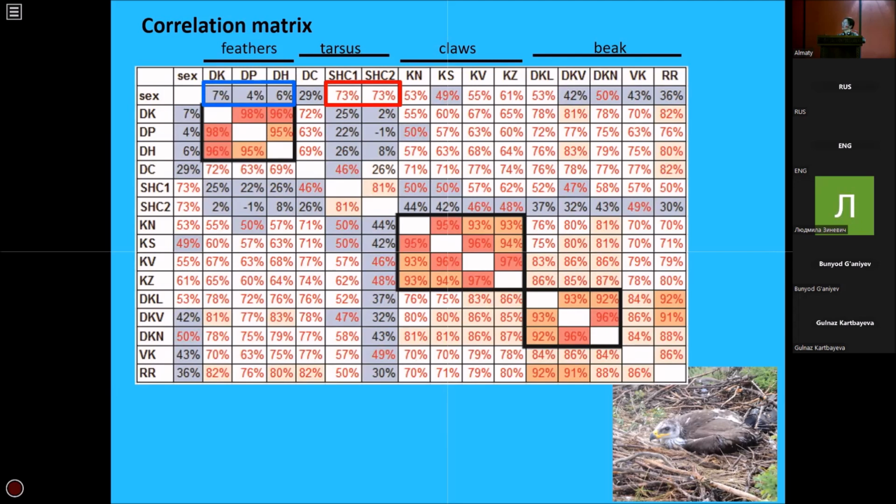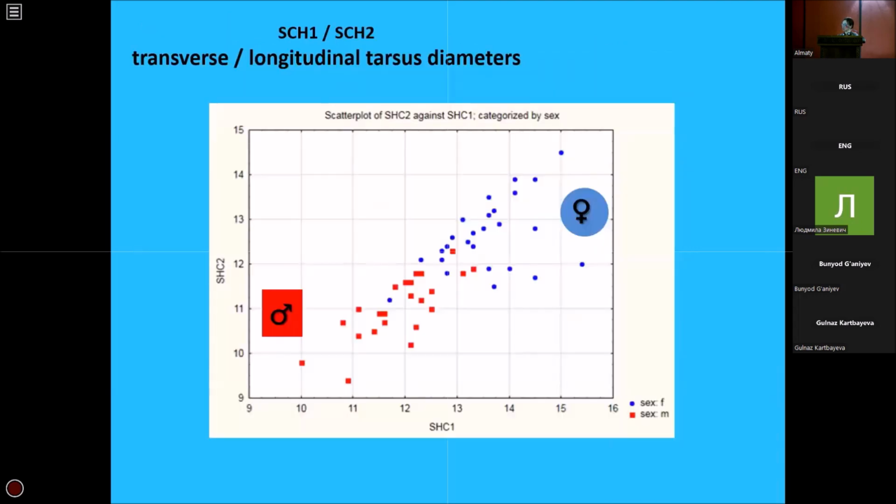And at the same time, they have little correlation with other measurements. That is, the tarsus width isn't really dependent on beak or claws. And it seems that this trait, tarsus diameters, can be used to determine the sex in the first place. Here is the dependence of the first tarsus diameter on the second.